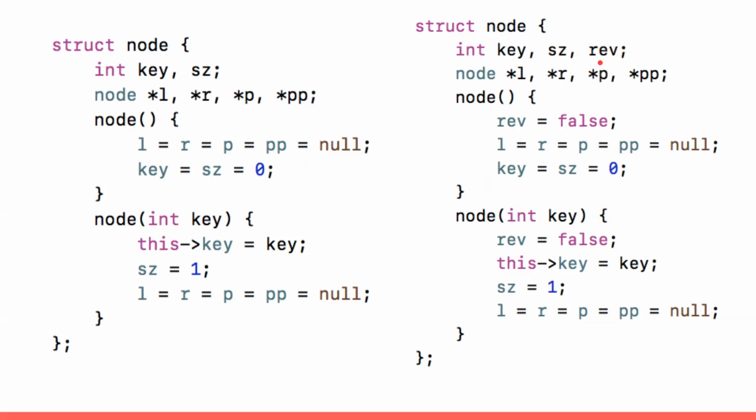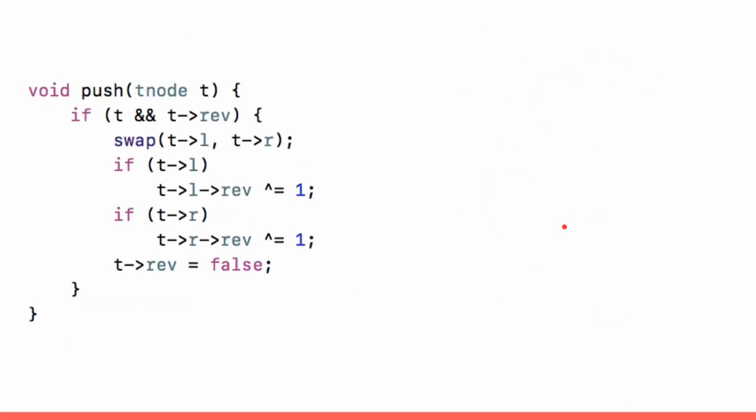It means that we need to reverse this node in the splay tree; by default, it's false. I think this function is pretty well known to those who are good with segment tree or treap. It's exactly the same as in treap.